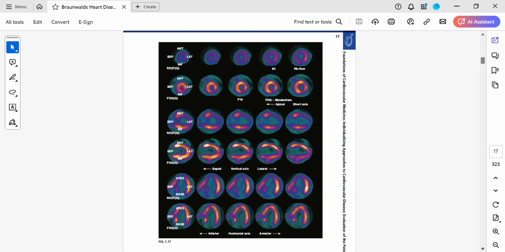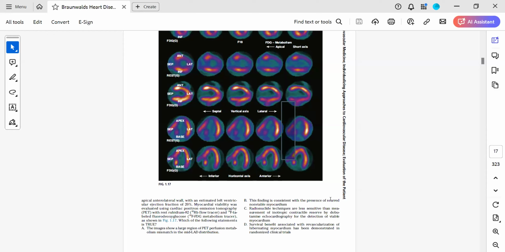So in the FDG, if it was a stunned myocardium. So this reduction in both of them, the FDG and the rubidium, shows that there's no uptake. Which means that there has been some myocyte loss there. So it's like a scar tissue, there will be no flow there and it will not take up the metabolic tracer.